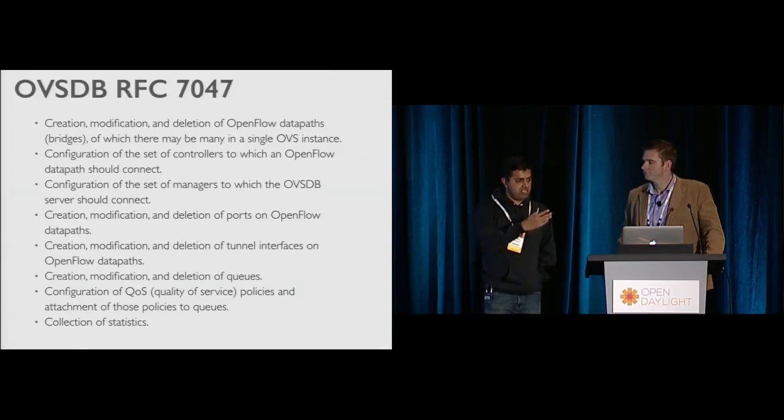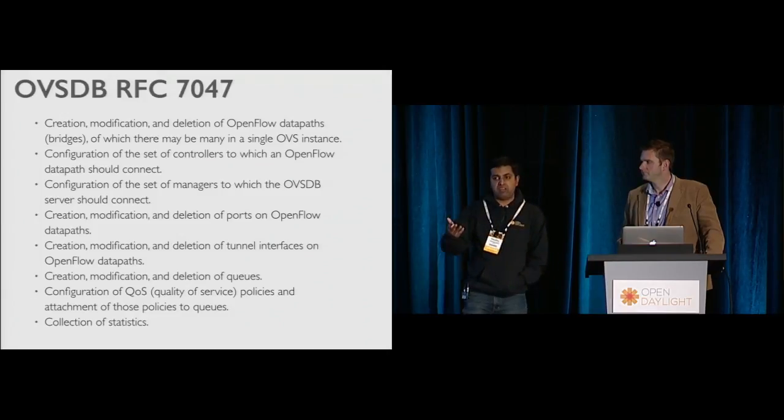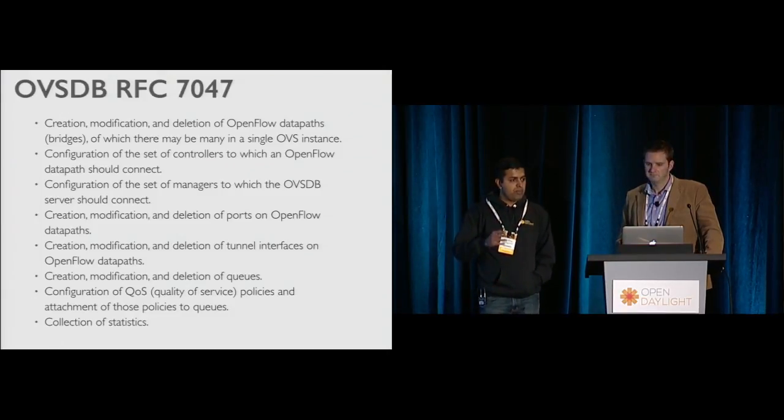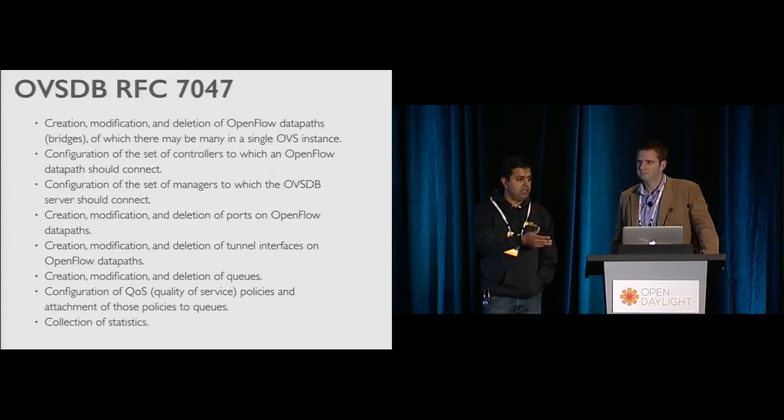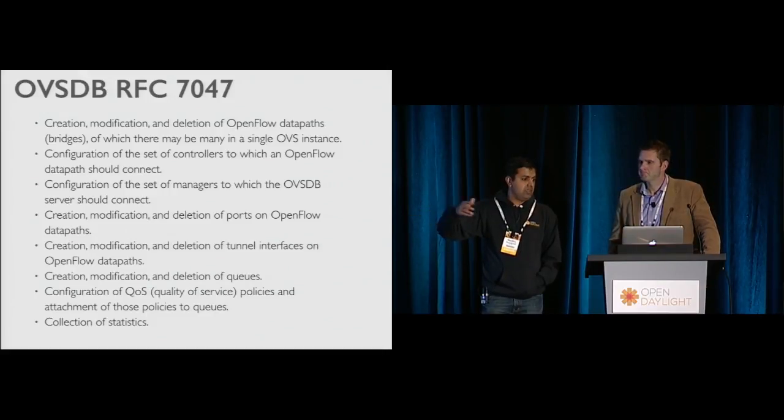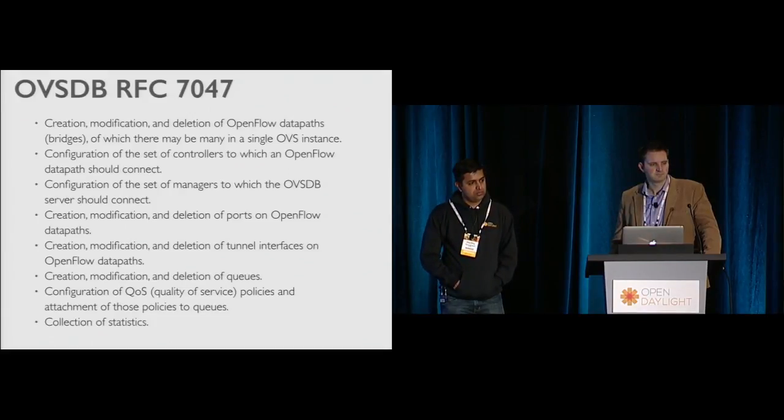The answer is yes, because OVSDB is a bidirectional JSON RPC. There can be multiple clients acting on the same DB. The CLI is a client, and the controller is another client. So any update happening on the database gets reflected back to the monitoring process. When you run something on the CLI, it first goes and changes the state of the DB, and then that changes the kernel and everything. That's how it works.